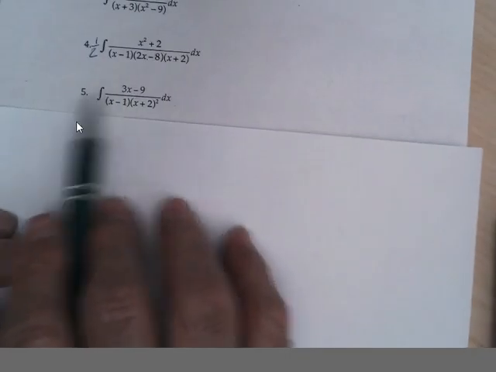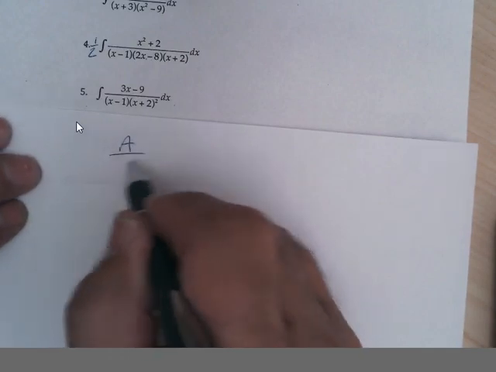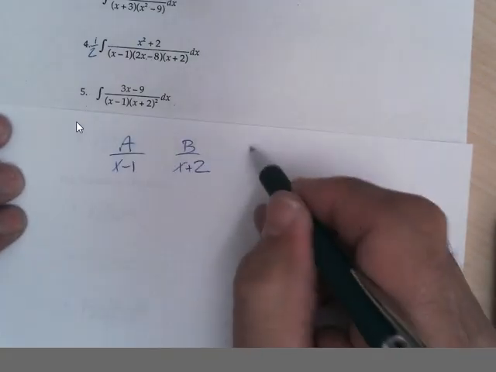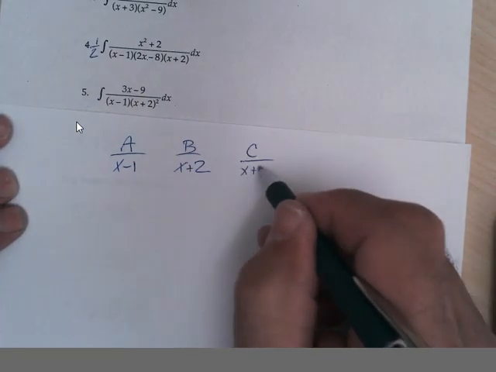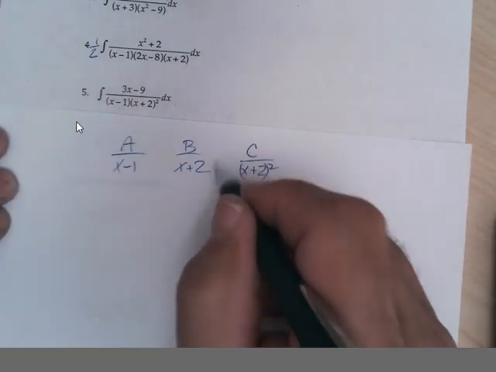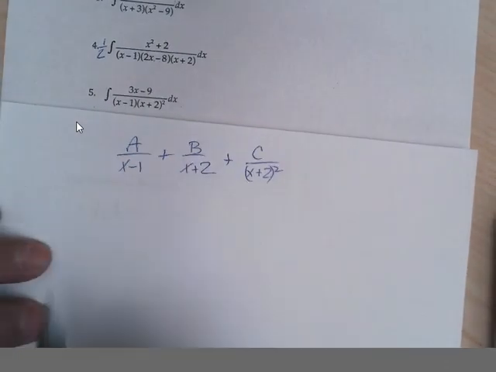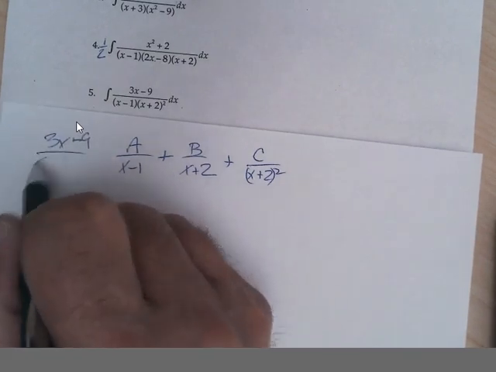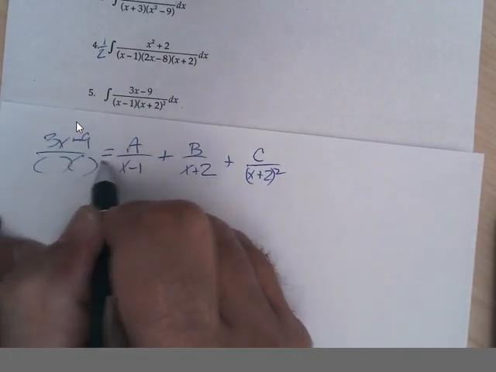This one, I could pull out the 3 and just take care of the 3 later, but I won't. This one's going to be a over x minus 1, b over x plus 2, and c over x plus 2 squared. And that's going to be 3x minus 9 over that stuff, identically equal.